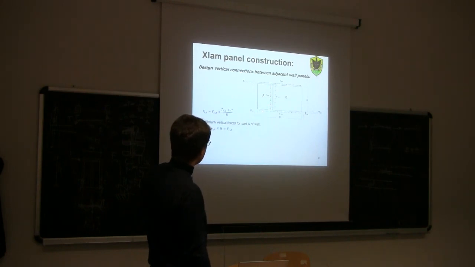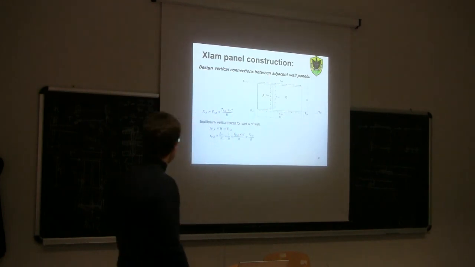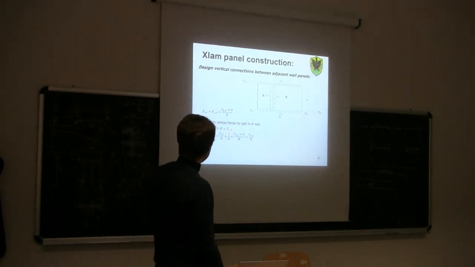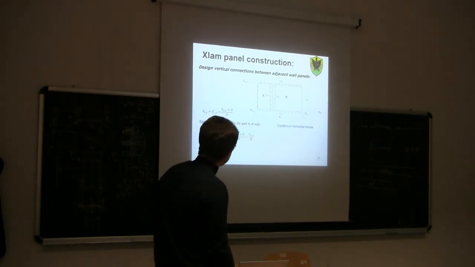So for the equilibrium of the vertical forces, FTD will be the same as TVD times H. So TVD is FTD divided by H, but FTD is also THD times H divided by B. So in the end, it's also THD divided by B.